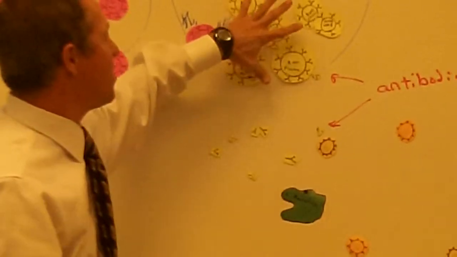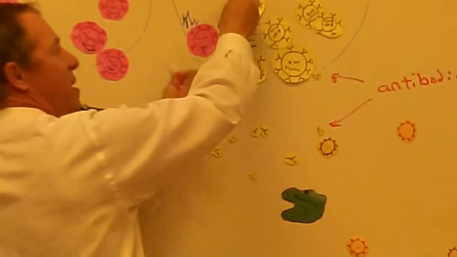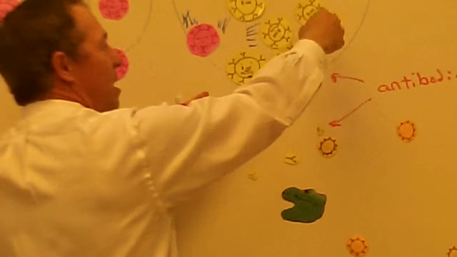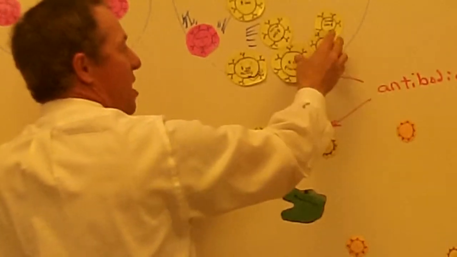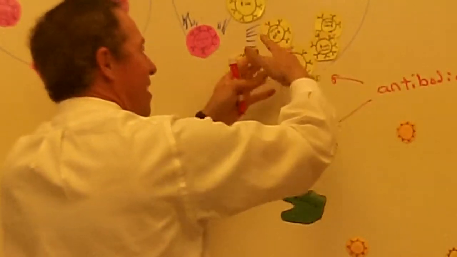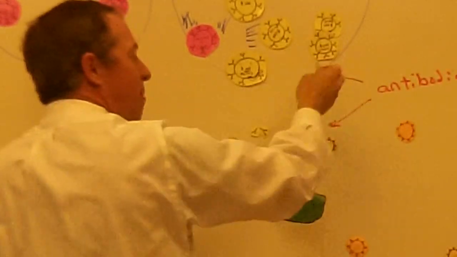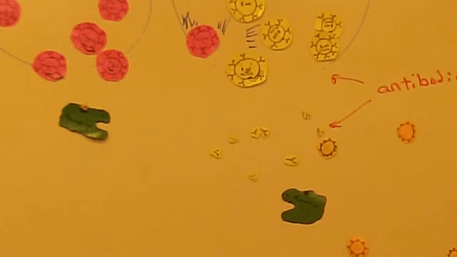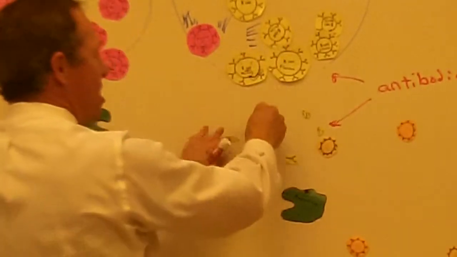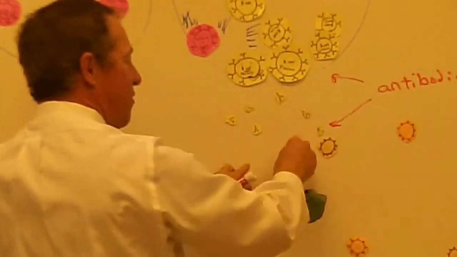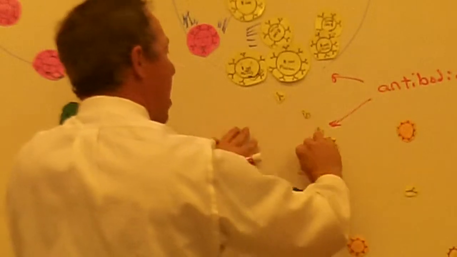And there are thousands of B cells because this original B cell multiplied, right? And made lots of these plasma B cells. And there's hundreds or thousands of them, and they all release antibodies. The antibodies come out of the lymph nodes, and they float around the body.